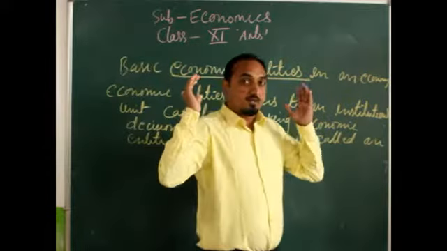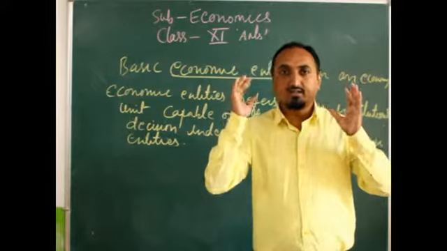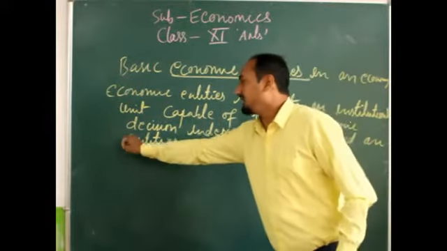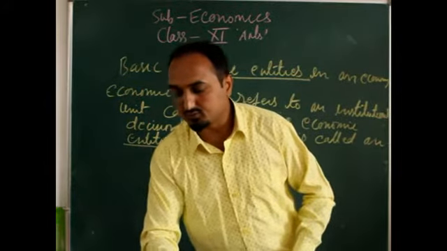So an institutional unit capable of taking economic decisions independently is called what? An economic entity. Now this entity is classified into three categories.